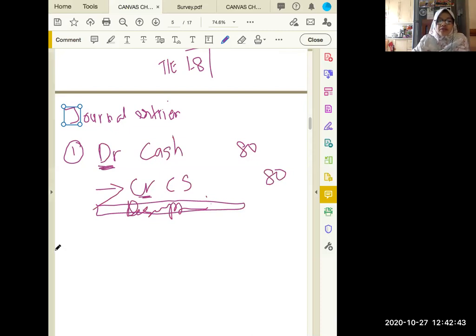Okay, can we try putting this into a journal entry for the second transaction? Because here they don't show you, let's do that into a journal entry. Number one, we have done that. Number two, can you put that into your journal entries? In this case, what is the transaction? You purchase land, so you're going to debit your land.